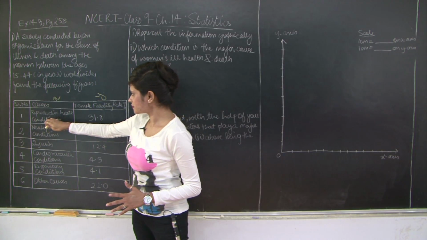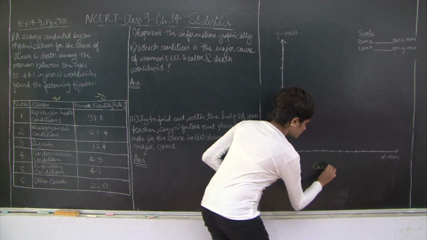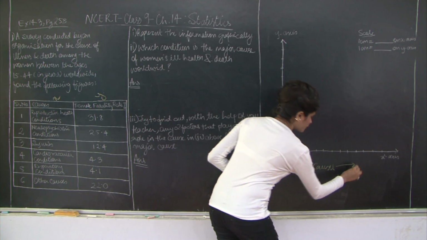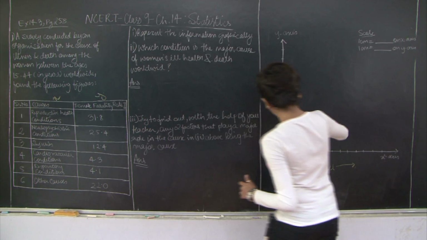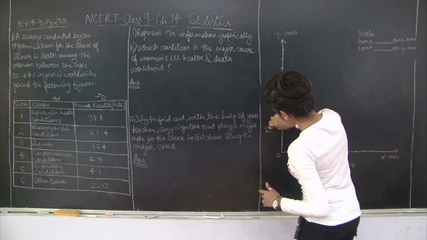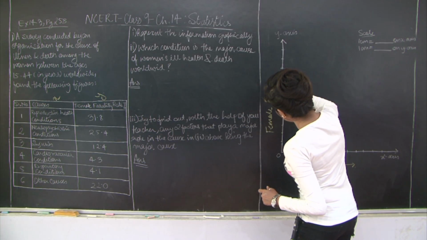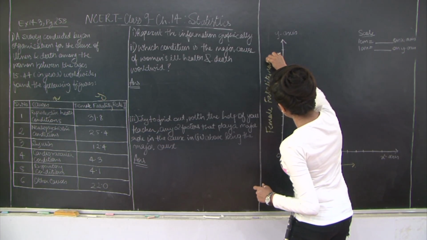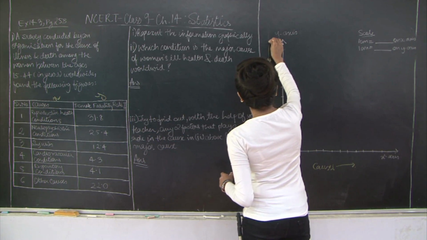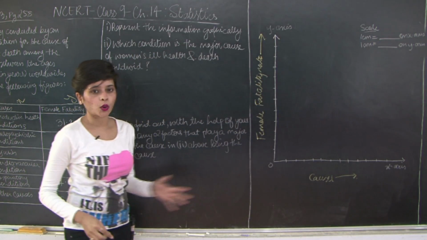Let me write down causes here, and female fatality rate, so now I have given the labeling to my coordinate axes.